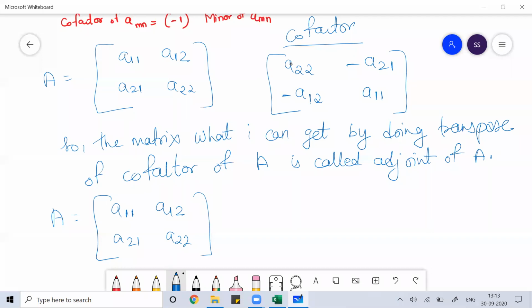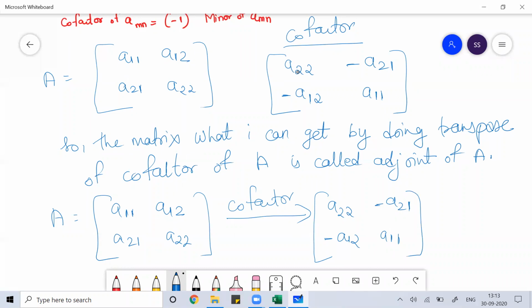You can hear me. So the cofactor of this is A22, minus A21, then minus A12, and A11. If you do the transpose of the cofactor, normally transpose is written with this sign.